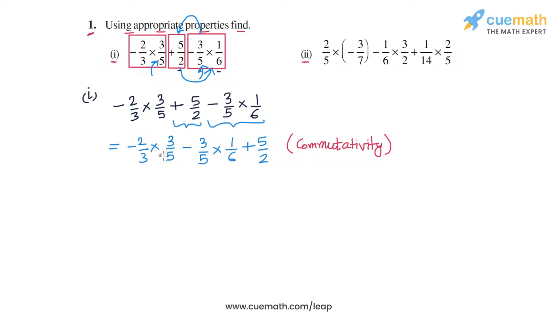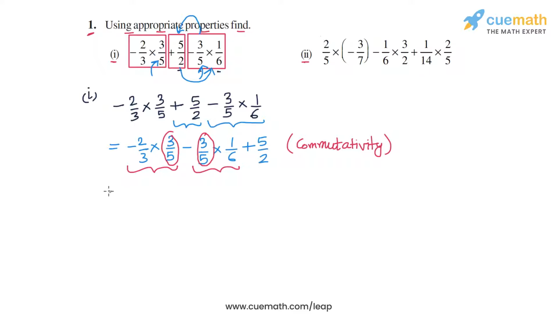Now if you look at this expression that we've written, there's a 3 by 5 term here and a 3 by 5 term here. So we can take this 3 by 5 term out common from the first two terms, and we can do this because of the distributivity of multiplication.